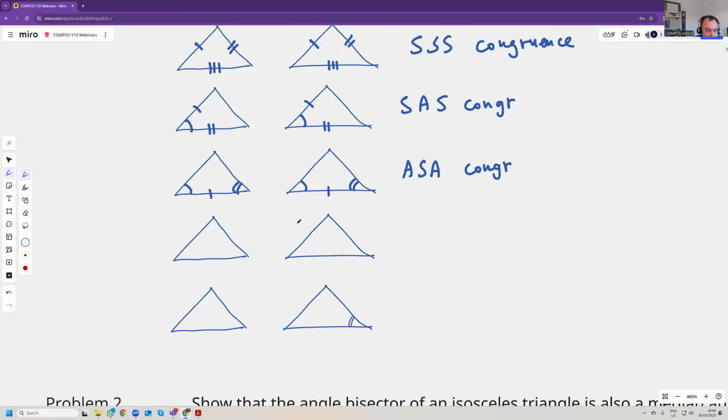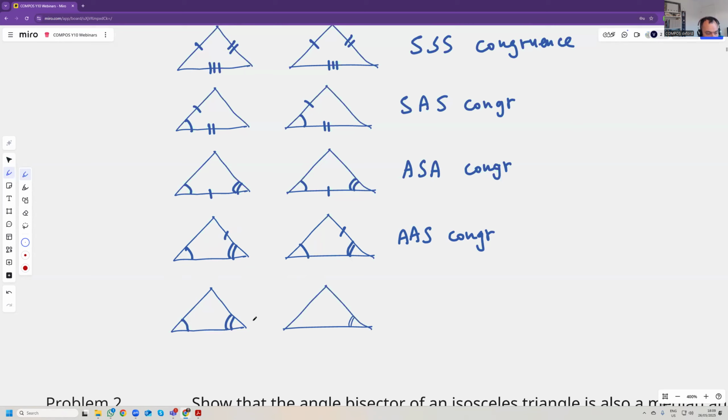Now the next one is angle, angle, side. So that's angle, angle, side congruence, in that order. They have to be in the same order. Now, I've shown the example where it's not the case.